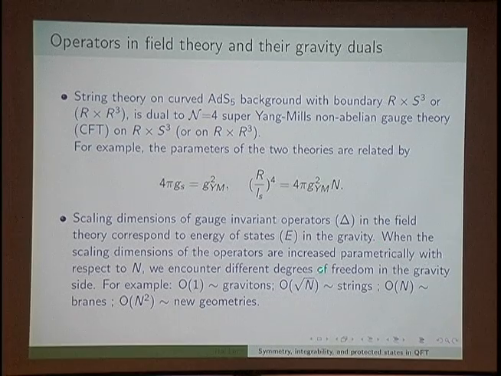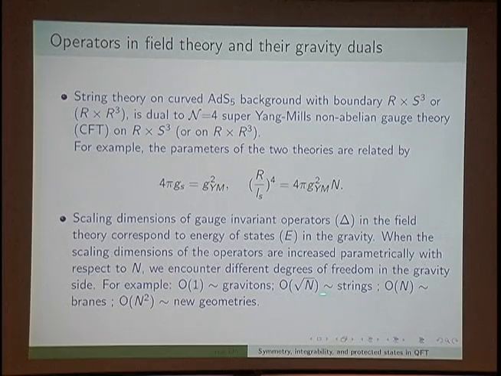Another interesting feature is that when the scaling dimensions of the operators are increased parametrically with respect to N, there are different kinds of degrees of freedom on the gravity side. For example, if N is very large, and the operator is composed of a number of fields which doesn't grow parametrically with N, for example order 1, then those operators correspond to fields on the gravity side that are perturbative fluctuations, for example, gravitons.